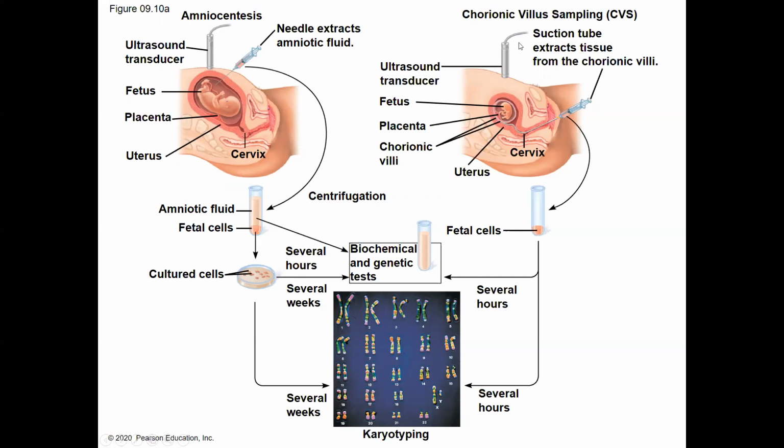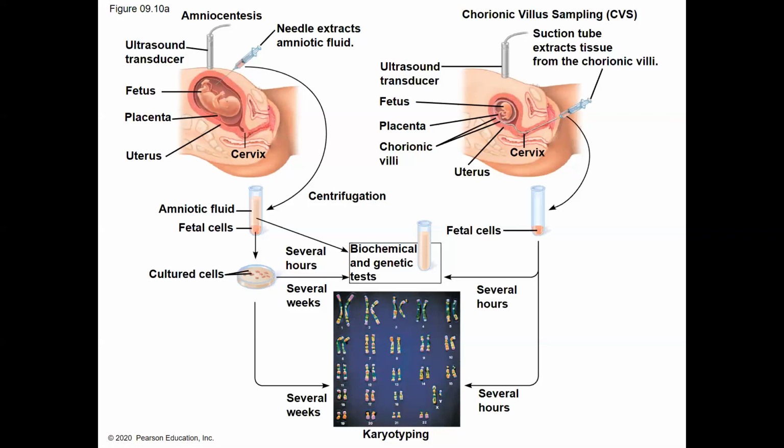Because if something is wrong at a much earlier stage, there are instances of individuals who inherit genetic problems that could be life-threatening to the mother, or could be life-threatening to the fetus as well, where they will determine if it's better to abort or do some other procedure to save the mother, or do a procedure to save the fetus as well.